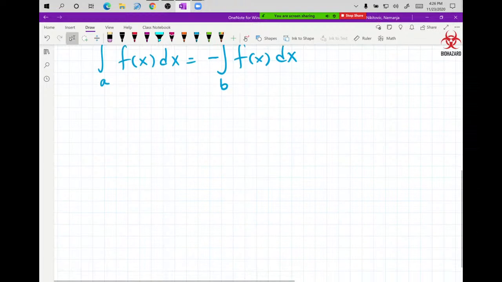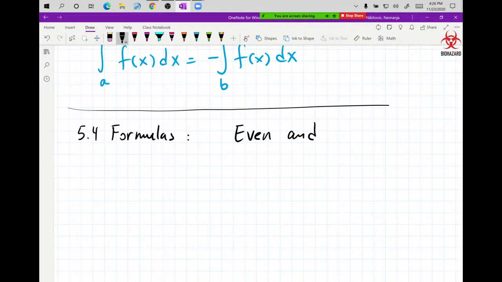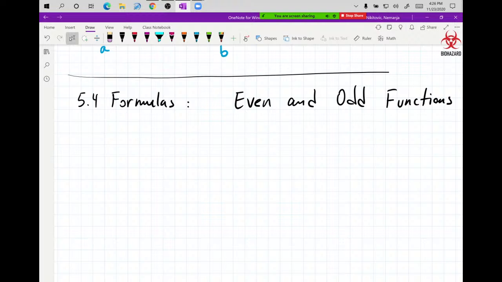Now, the formulas that we are covering in 5.4 have to do with even and odd functions. Those are the first two. Now, the question is how much you remember from your pre-calc.